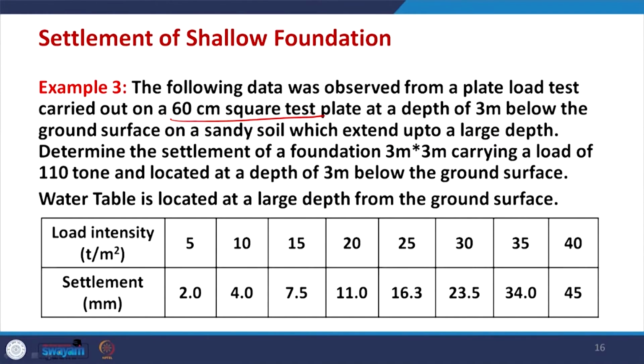That means the value of Bp is 60 centimeter, and the depth of the footing Df is given as 3 meter. The foundation is a 3 meter by 3 meter square footing, that means Bf equal to 3 meter.